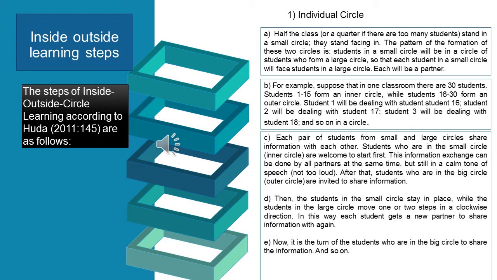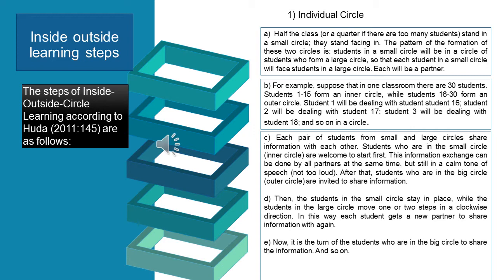This information exchange can be done by all partners at the same time, but still in a calm tone of speech, not too loud. After that, students who are in the big circle or outer circle are invited to share information.